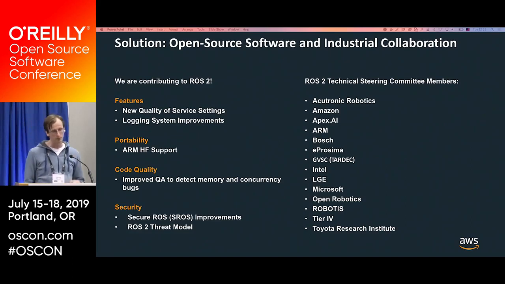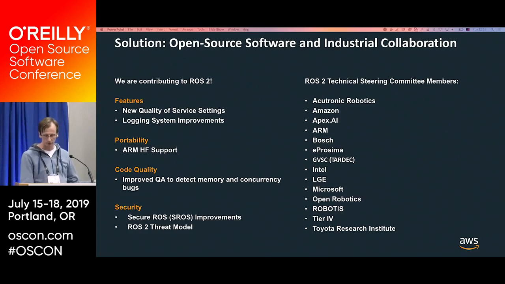That's great, but we're not the only ones pushing. Something which is also very interesting to see is that there is a real shift in the community. Now ROS 2 has what we call a technical steering committee. It's basically companies which are dedicating at least 2 engineers full-time to develop ROS 2. Of course, we're doing that, but you can see other big players in this list.